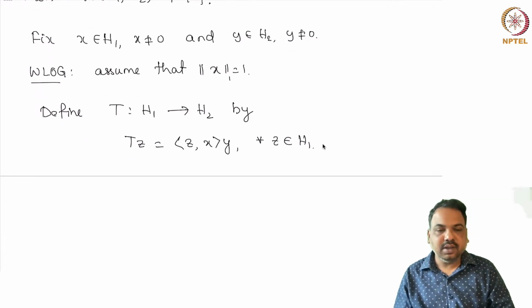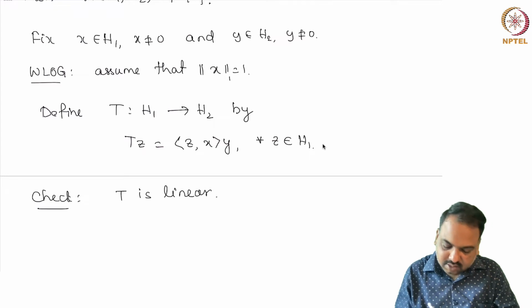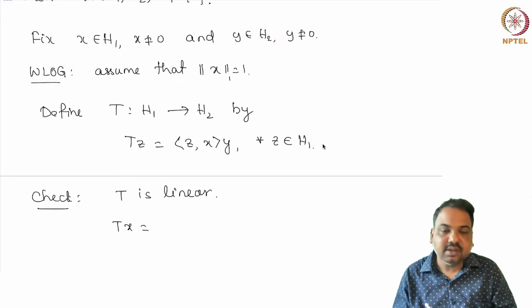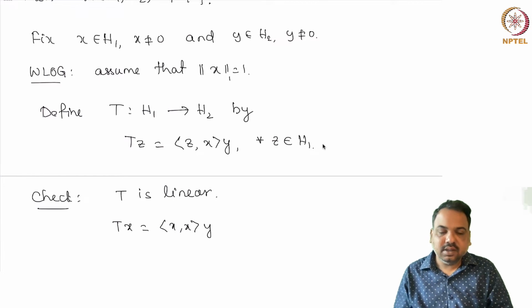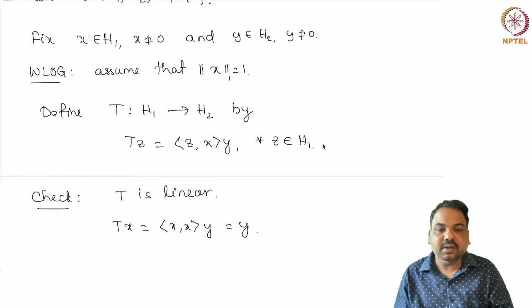Now we can easily show that T is linear. Check that T is linear, and also T of x is the inner product of x with x multiplied by y, but this is nothing but norm x squared times y. You know that norm x squared is 1, so this is y.